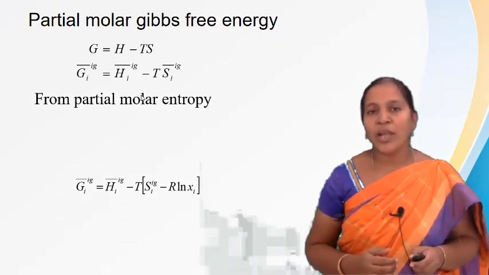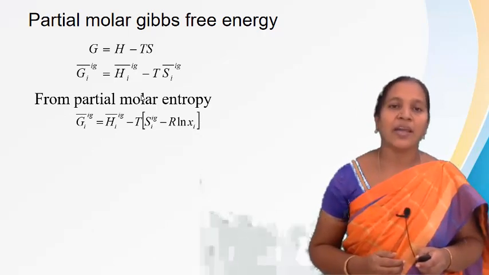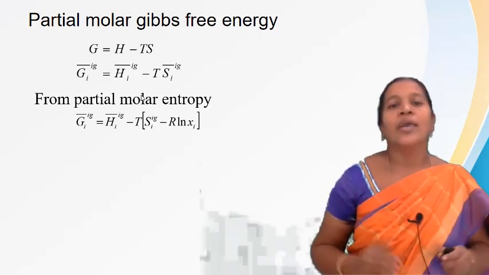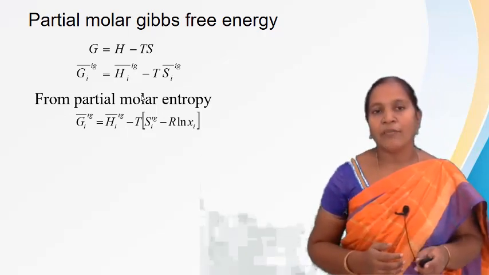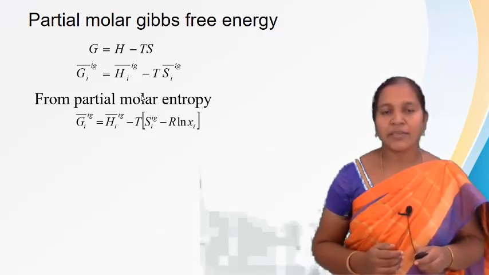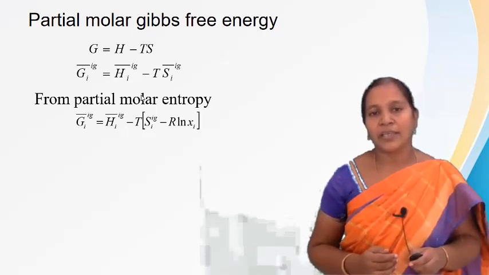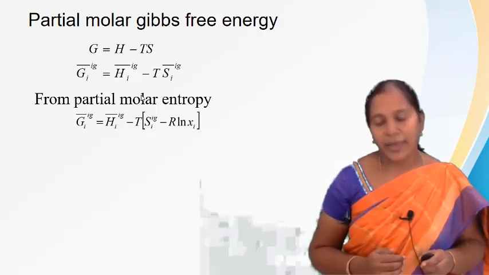From partial molar entropy, G_i bar ig is equal to H_i bar ig minus T into S_i^ig minus R ln Xi.